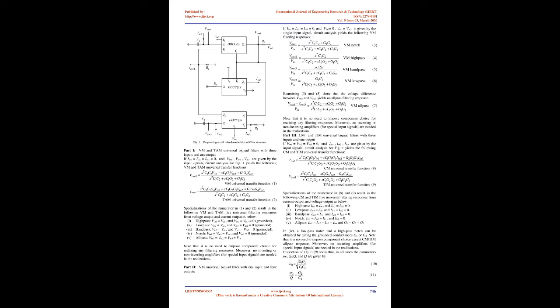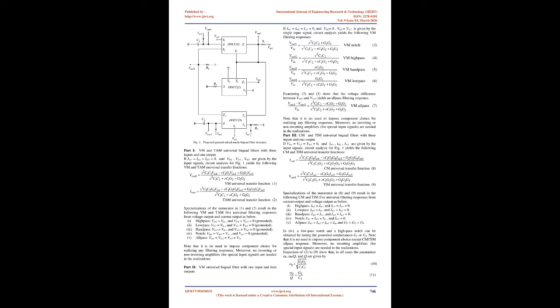In 2013, the reported mixed-mode [28] biquad filter employs only 2 voltage differencing transconductance amplifiers, VDTAs, and 2 grounded capacitors. The circuit can realize all 5 universal filtering functions in VM and TAM, but [28] has not been operated in CM and TIM.